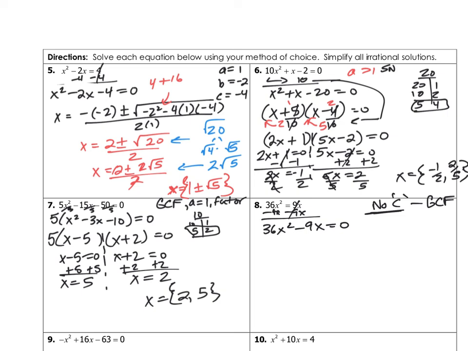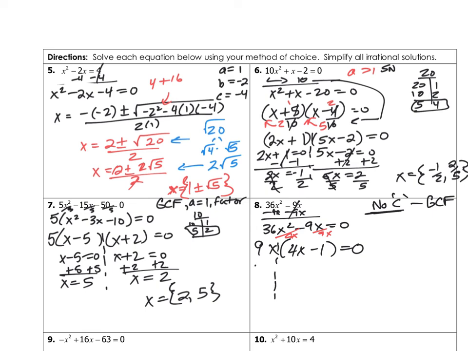So I know that there's a variable in each term, so I can take out an x. And I also noticed that 36 and 9 have a common factor of 9. So if I take out a 9x, and then I divide each one of my terms by 9x to see what's left over, I'm left with 4x minus 1 equals 0. Okay.